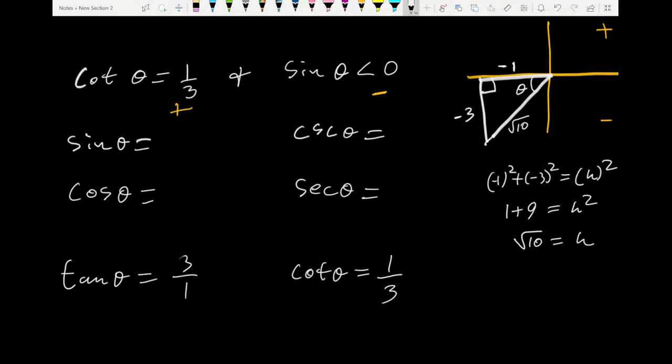Therefore, sine of theta would be opposite over hypotenuse. Cosine would be adjacent over hypotenuse. And the cosecant and secant are the reciprocals of that.